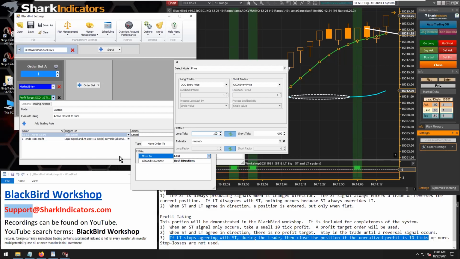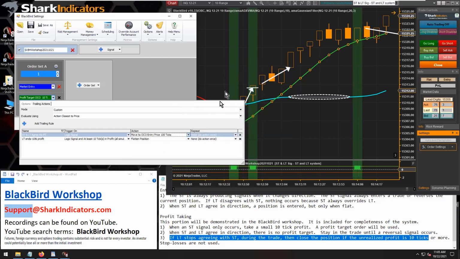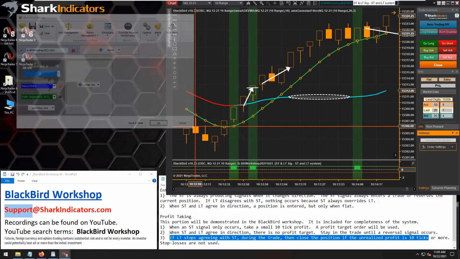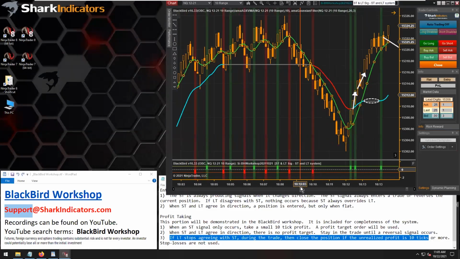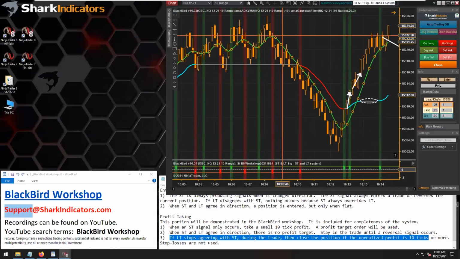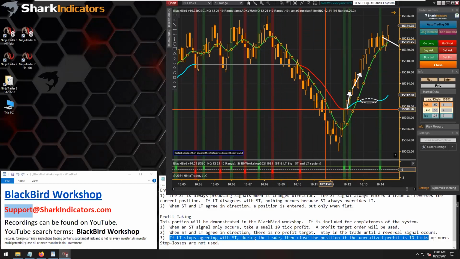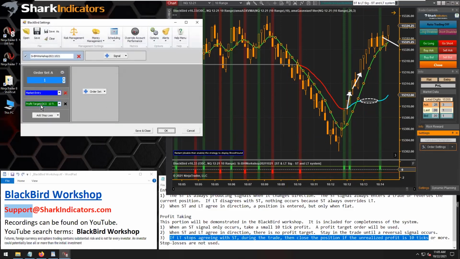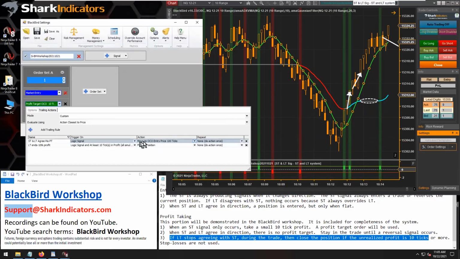But also, there's probably no chance of the market ever running 100 ticks before the short-term reverses direction or something like that, right? So the worst case scenario is, we get a 100-tick profit target and we're out of the trade, right? Not too bad of a trade-off there.